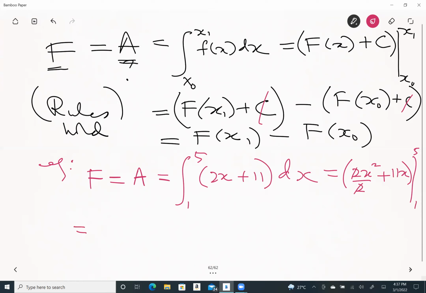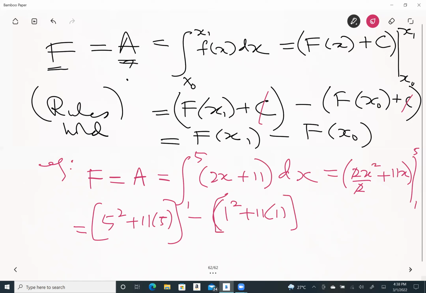Now you evaluate the value of the integral at both points. That will be equal to 5 squared plus 11 times 5. That is the end value, f of x1, minus f of x0, which will be 1 squared plus 11 times 1.